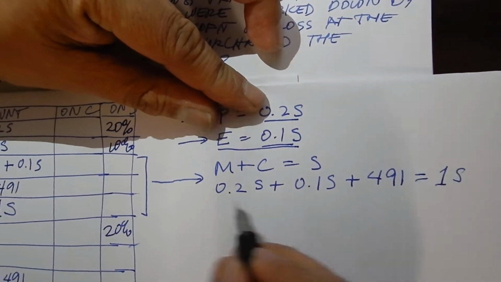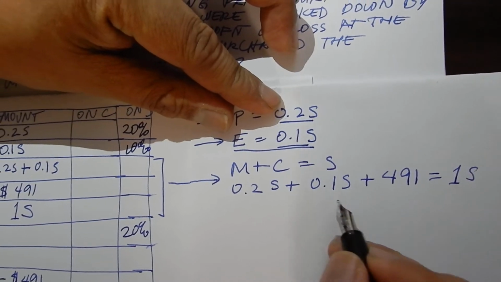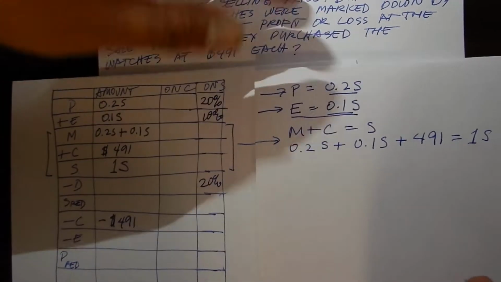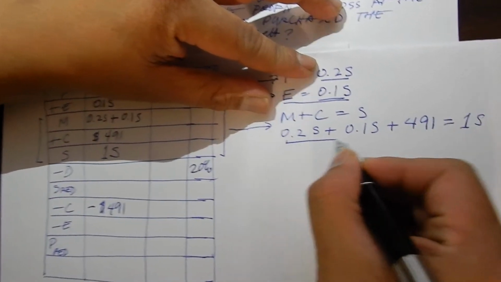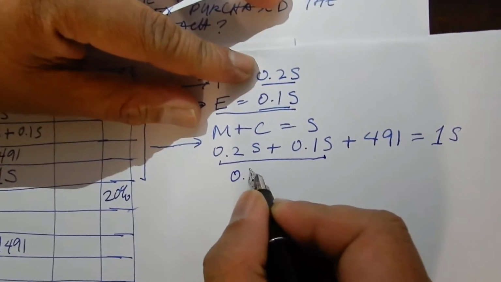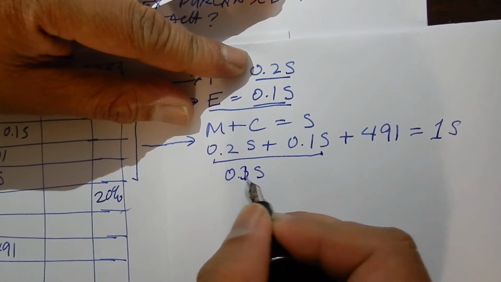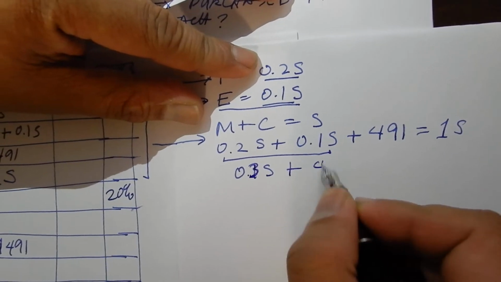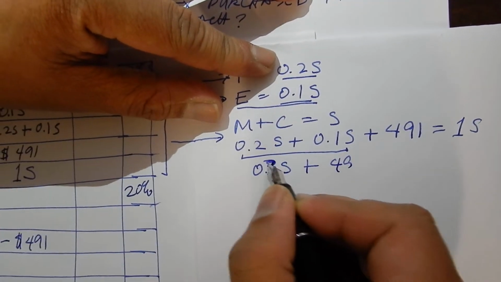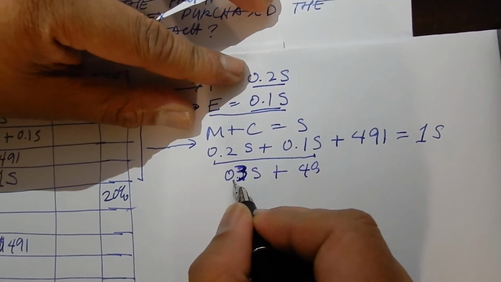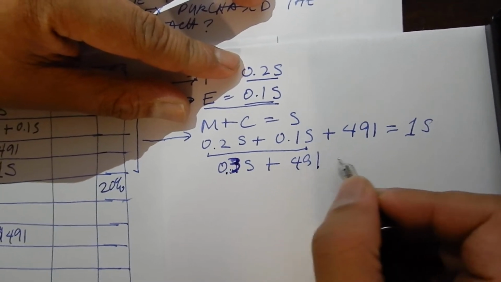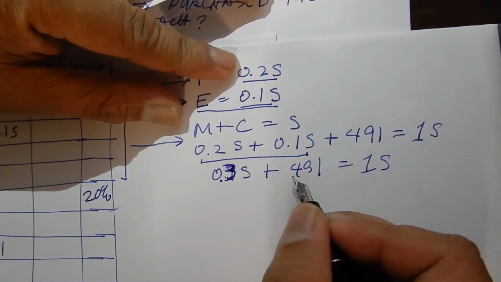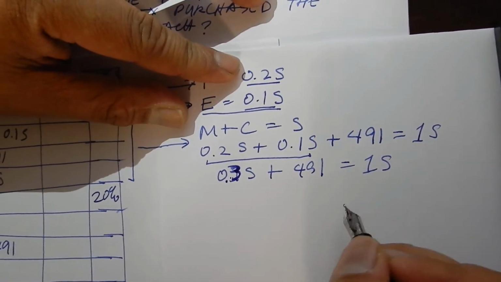Now I have an algebraic expression with just one variable, S, or selling price. I can use the magic of algebra to isolate S and get the exact dollar value of the selling price. So I simplify this: 0.3S, sorry for the mistake, this is a 3, 0.3S plus 491 equals 1S. I'm going to put all the variables on one side of the equation and all the constants on the other side.